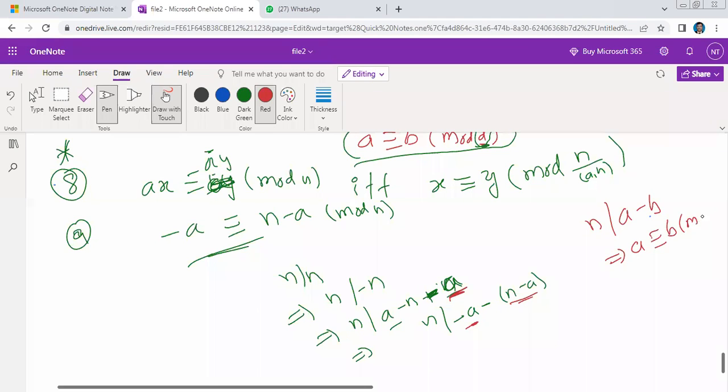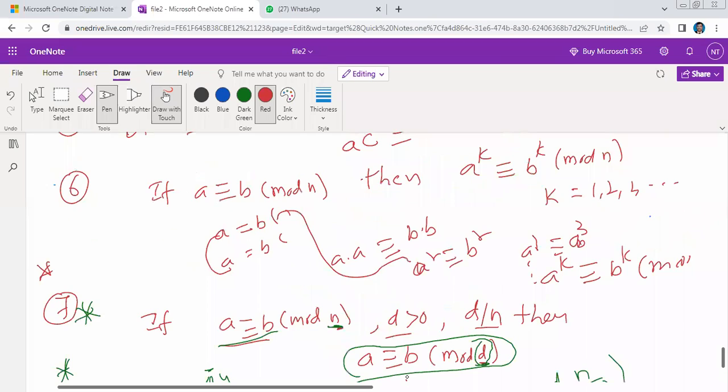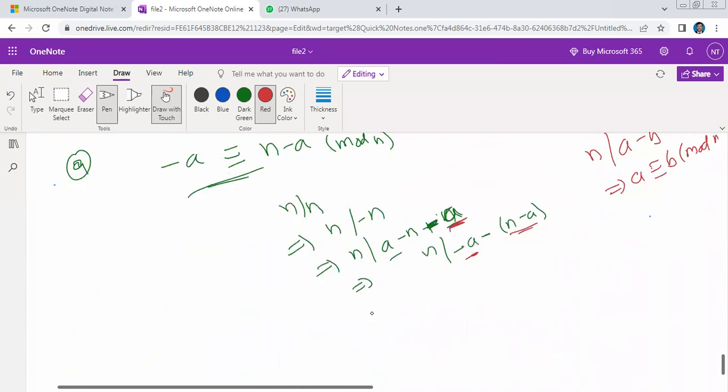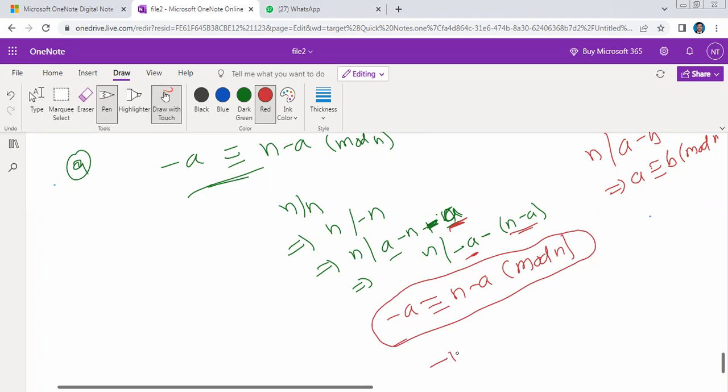By using this, minus a congruent to n minus a modulo n. Yes, this is a useful concept. For example, if some number -10 is given, -10 congruent to what modulo 20?